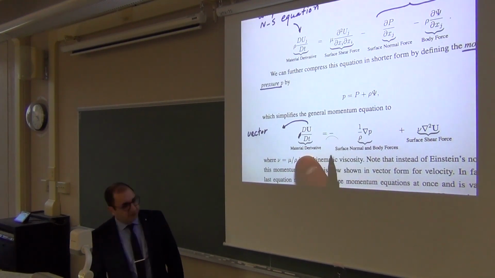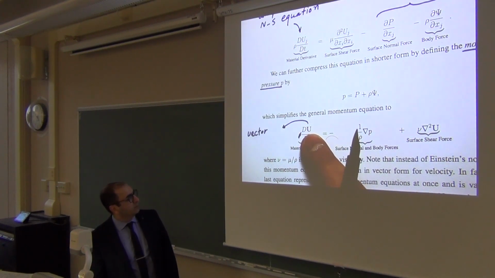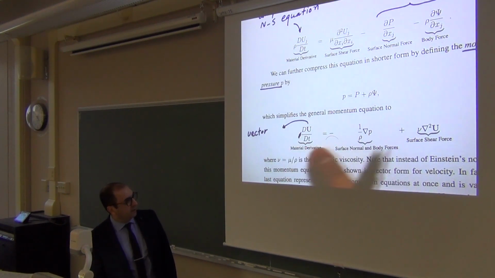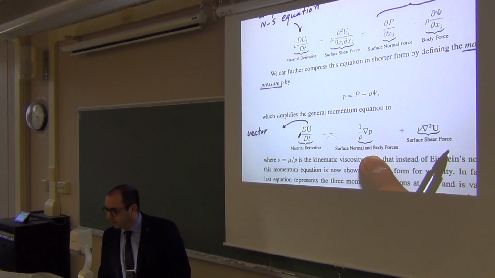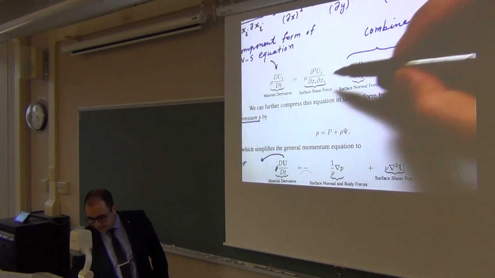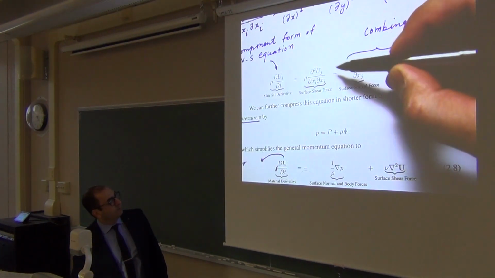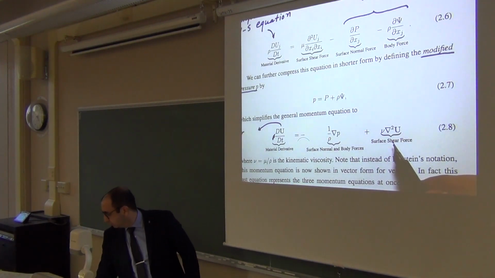So I'm not looking at the component, but I'm just putting the vector here. So that's boldface u. So that's still, again, back to vector. Gradient we knew would give us a vector, right? And then this second derivative that I had up here in component form, in vector form, appears with this symbol.